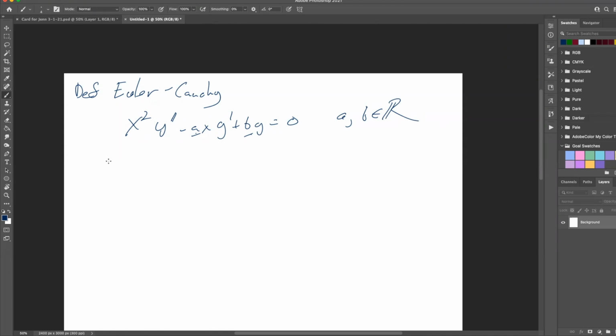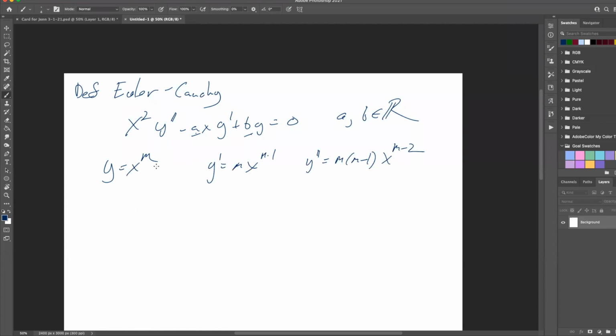Well, we'd make the guess that y is equal to some power of x, right? Because if y is equal to some power of x, then y prime would be m x to the m minus 1 power, and y double prime would be m times m minus 1 times x to the m minus 2 power.